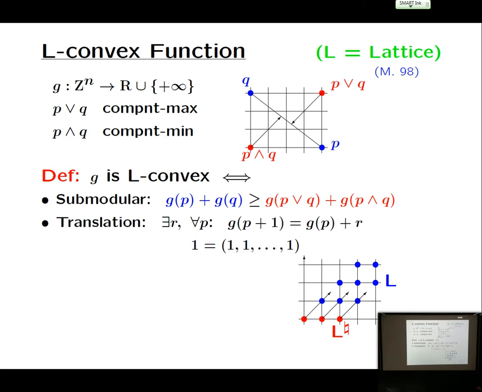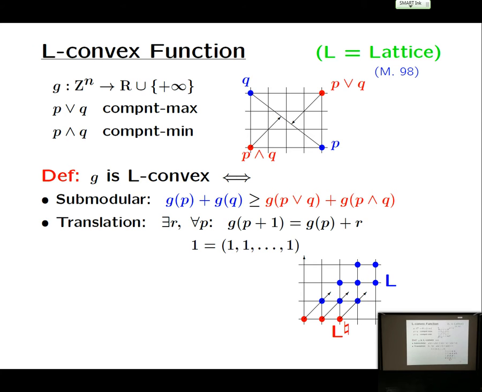So there exists some constant r independent of position p, such that if you increase the components by 1 uniformly, then the function value increases by r. So in this direction, this function behaves linearly. And in applications, oftentimes this number is 0.